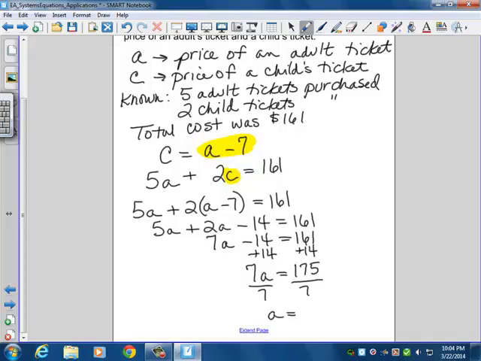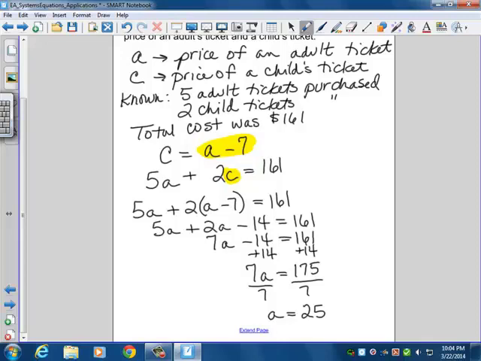A is equal to, 7 goes into 17 twice with a remainder of 3, so that 3 goes with the 5, so it's 35. 7 goes into 35 5 times. And that makes sense.